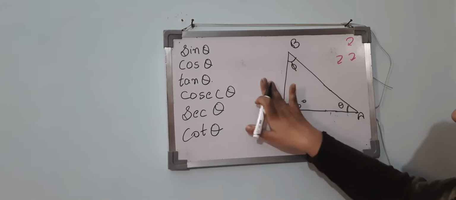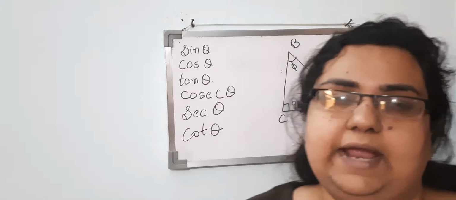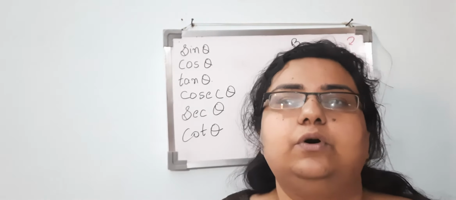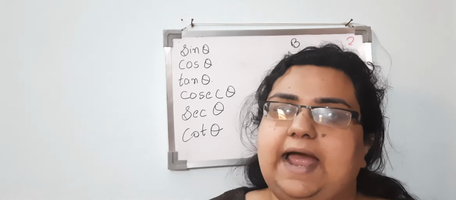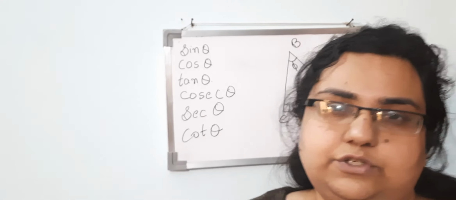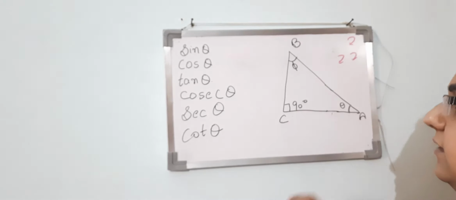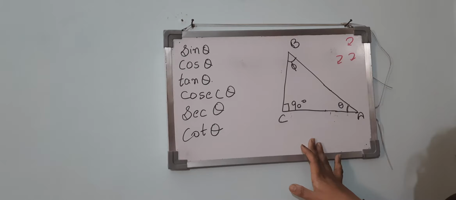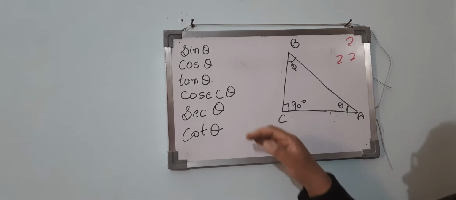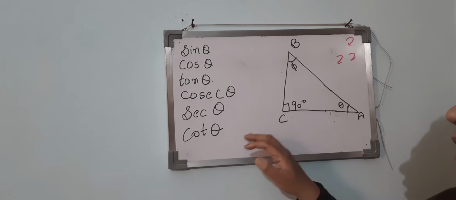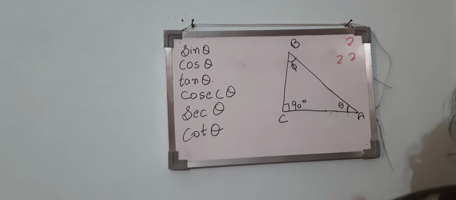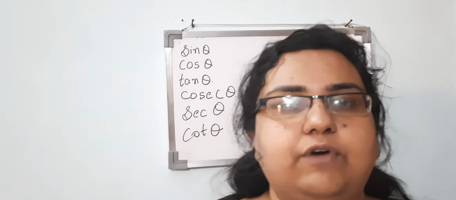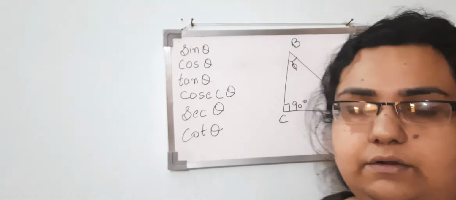Now, what type of question do you get in your exam? The first question, which is very common, is where they give you the sides and you have to find all the other trigonometric ratios, or they give you one trigonometric ratio and you have to find all the other trigonometric ratios.